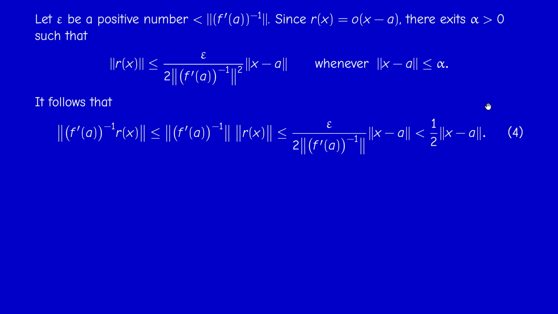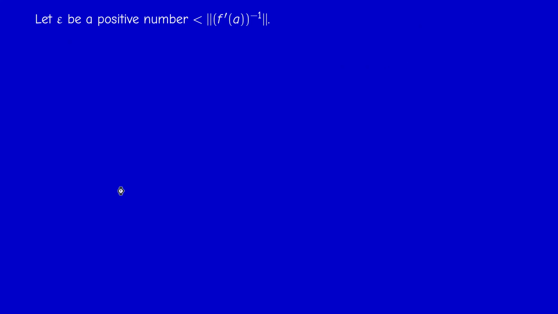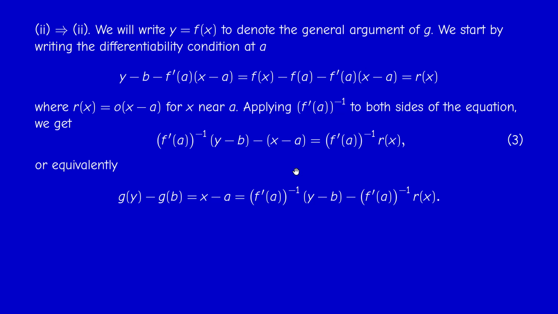This is the first condition. And now, if I go back to equation 3, I can write F prime of A minus 1 applied to y minus b equal to x minus a plus this remainder.